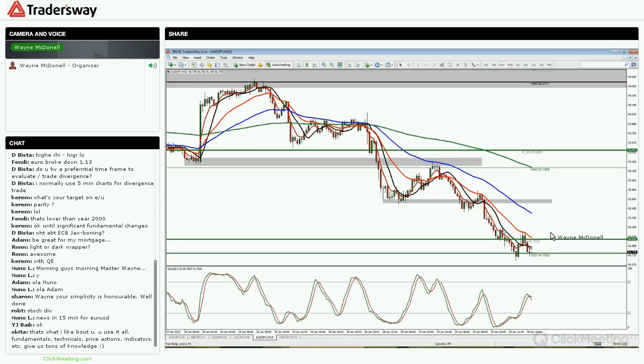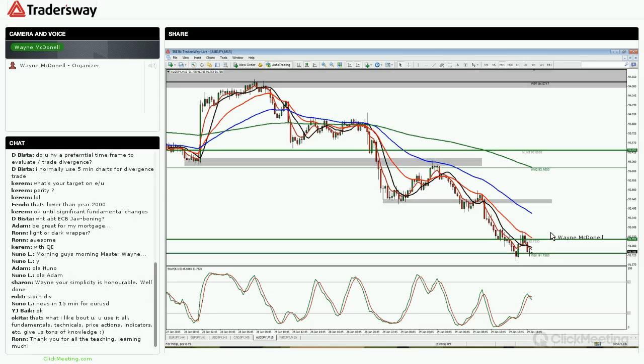Okita says that's what I like about you. Yeah, use it all. Fundamentals, technical, price action. I've always felt from day one that you should have a healthy balance of technicals and fundamentals.